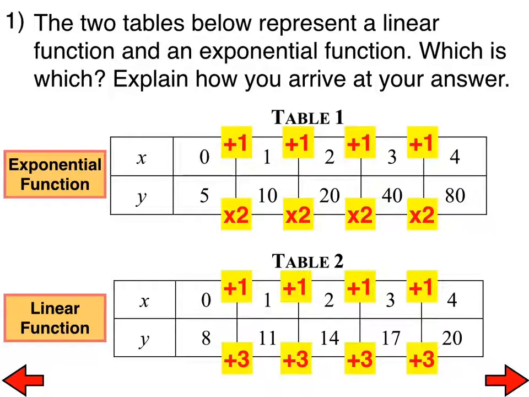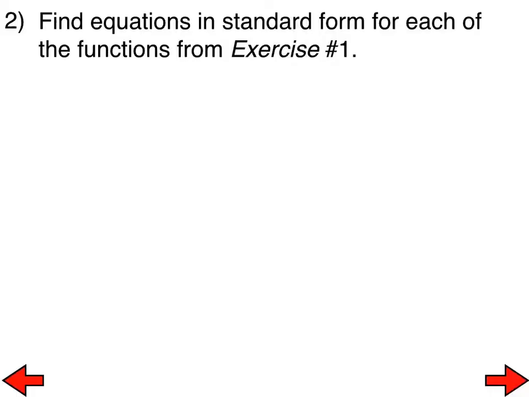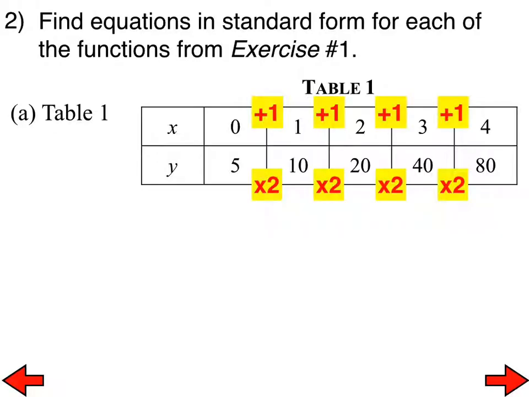If you have not already done number 2, I know a few of you went ahead and did that, come up with an equation for each of these tables. So for table number 1, here's table number 1 with the work that we figured out. And remember, an equation of an exponential function, which we decided in number 1 that this was, the a value is always the initial value or the y-intercept.